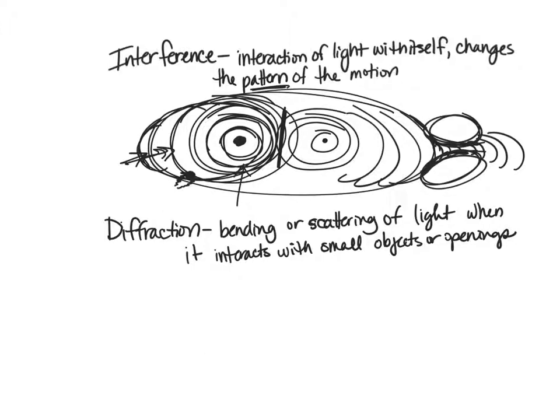And so that's diffraction. We can see that the diffraction gets greater as the objects get smaller than the wavelength. So if, for example, this space between the two stones here is quite small, and it's close to the wavelength distance, or smaller than that, then we have a greater diffraction.